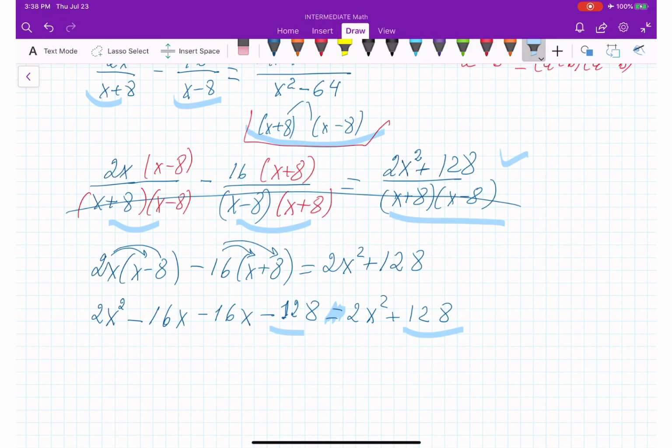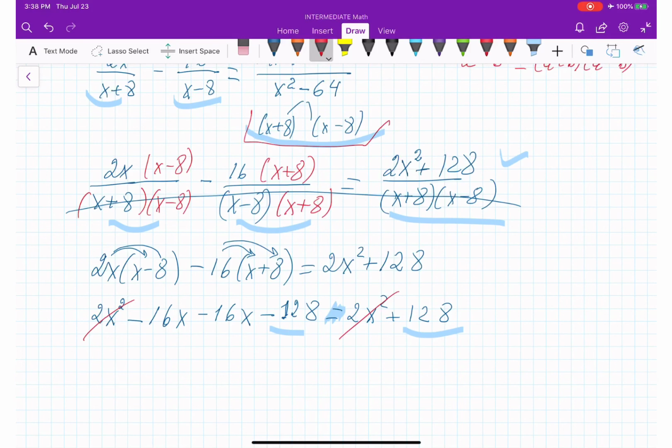So let's combine. Beautiful. Now these two we can cancel, 2x squared and 2x squared. I thought we are going to end up with a quadratic equation, but we don't. We can cancel because they are on different sides of the equal sign and they have the same sign. Therefore, if you move one or another, it's gonna change the sign and you will end up getting 0 anyway.